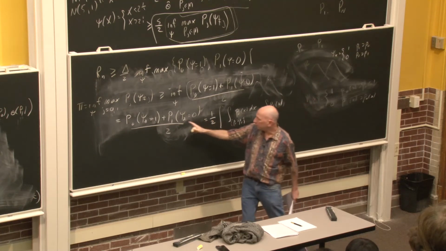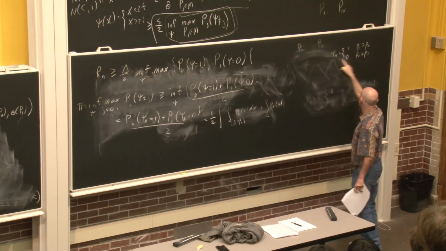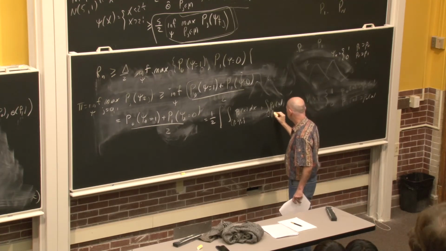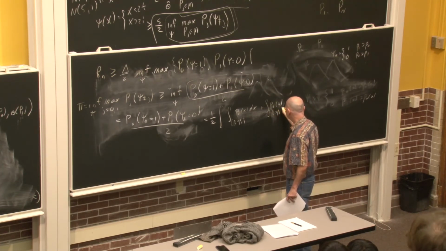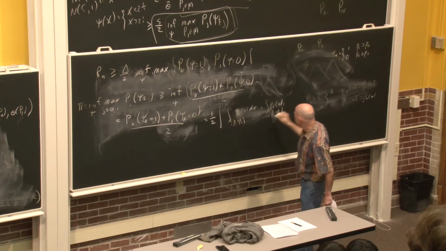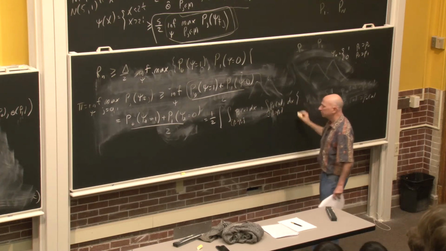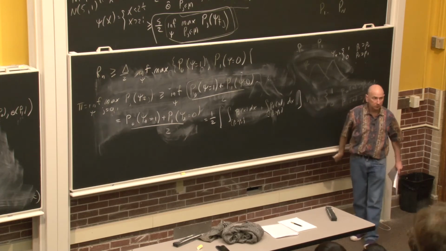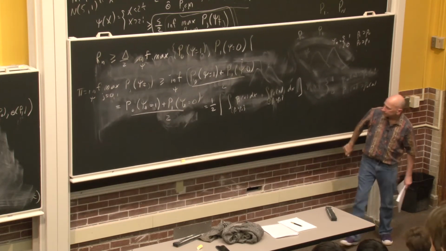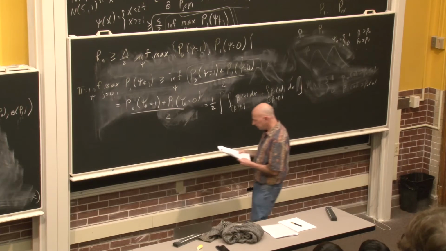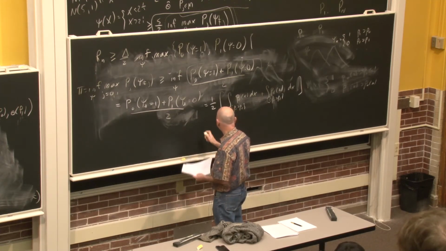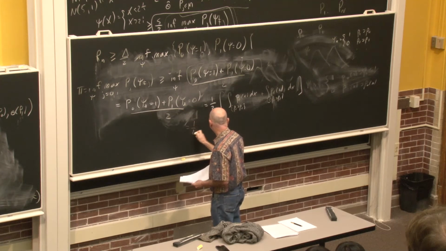And for this error probability, when is phi star equal to 0? Phi star is equal to 0 when P0 is bigger than P1. So this is over this set, which is just short for the set of x's such that this is true. We're almost done.